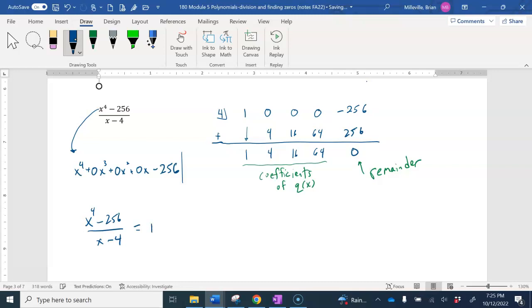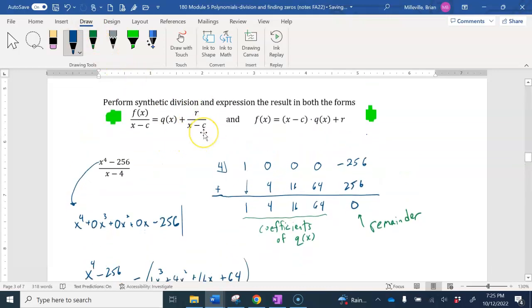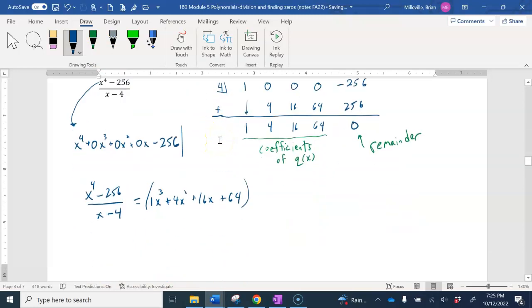So the first one is going to be 1x cubed plus, I'm putting the 1 in there for emphasis, 4x squared plus 16x plus 64. Then we're going to add on our remainder divided by our divisor polynomial. In our case, we would get 0 divided by x minus 4. So it's not necessary to write that down.